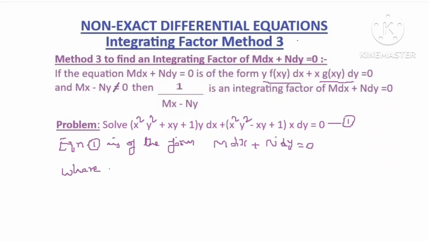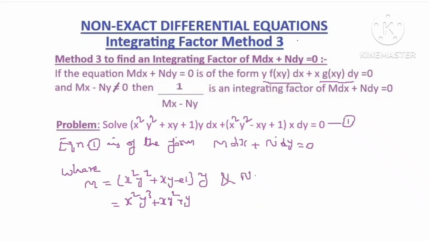Where M is equal to (x square y square plus xy plus 1) into y, which is nothing but, opening the brackets, x square y cube plus xy square plus y, and N is equal to (x square y square minus xy plus 1) into x.